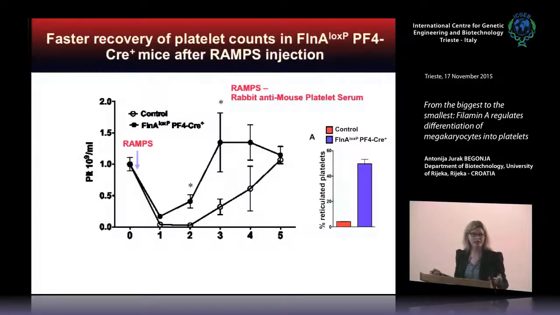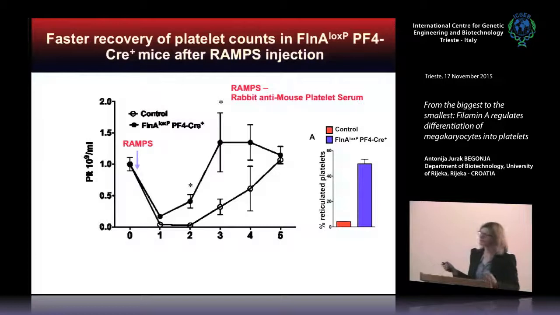And then we were looking at the kinetics, how platelets come back into circulation. So what we could observe is that in Filamin A LOXP PF4 mice, platelets come back faster. So kinetics is faster, and they are ready to respond faster to increase platelet counts in circulation.